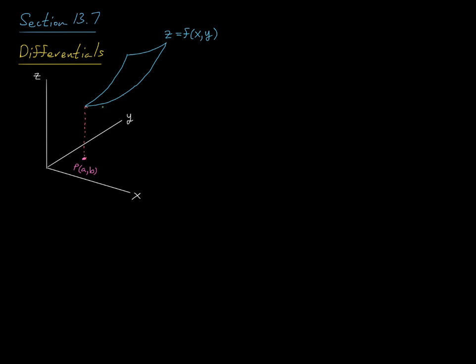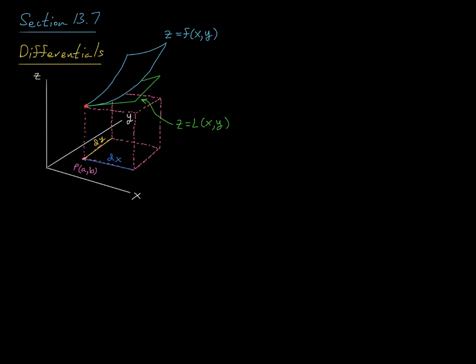So let's say I have some surface here defined by z equals f of x, y, and we're at this point directly above P with coordinates a, b. And let's say I want to increase x a little bit and increase y a little bit, and we're going to move to a neighboring point, and I want to measure some changes, right?